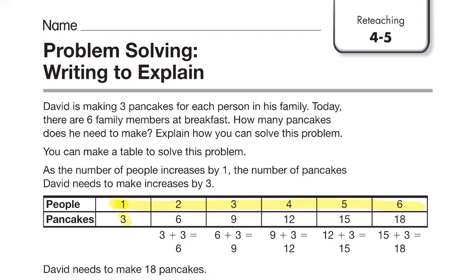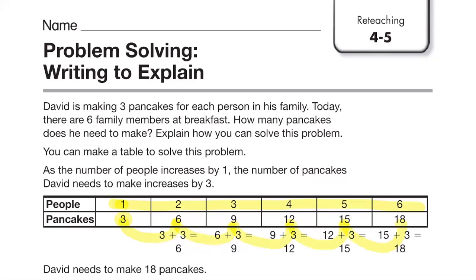If it starts out as 3 for one person and you skip count, it'll be 3 plus 3 is 6, plus 3 more is 9, plus 3 more is 12, plus 3 more is 15, and plus 3 more onto that is 18. Now we know that the answer is 18. For 6 family members, I'm going to need to make 18 pancakes.